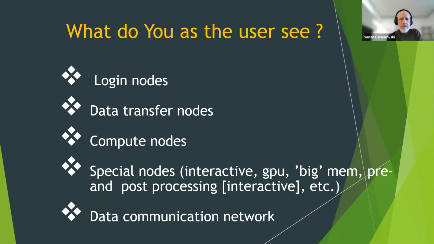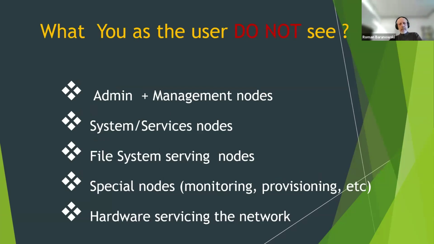However, there is plenty of stuff that you as a user do not see. These are all the administration and management nodes, all the services which we are running behind the scenes to make the system smooth and performing. You don't see the nodes which are serving the file system. You basically see the file system.